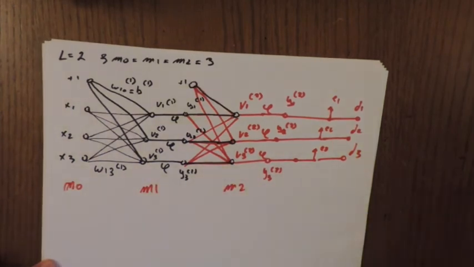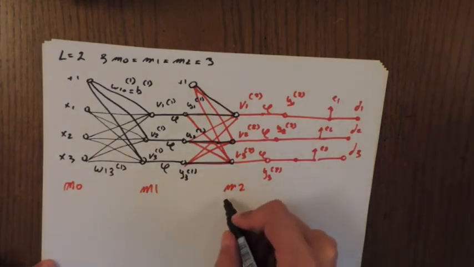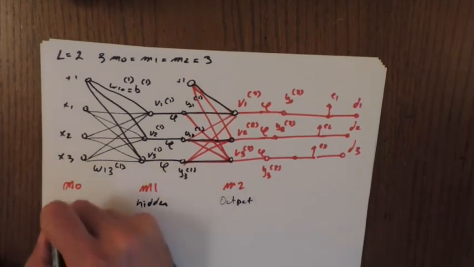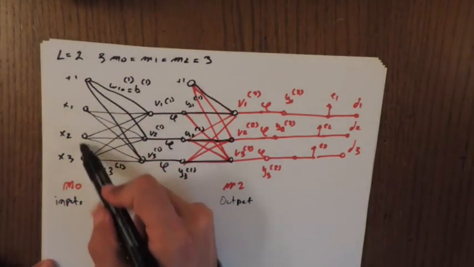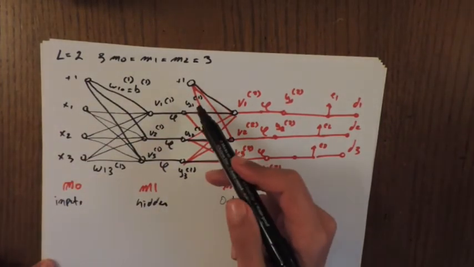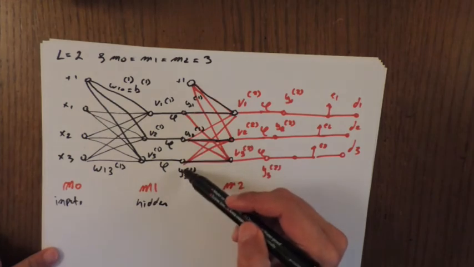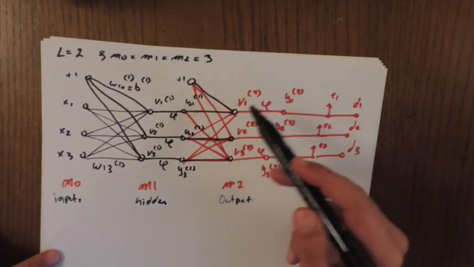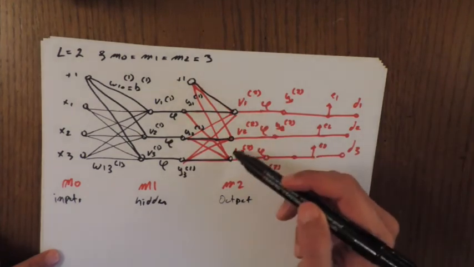So here we have the output layer, this is the output, this is the hidden, and this is the number of inputs. So at M0 we have 3 inputs and we add a bias. For the hidden layer also we have 3 neurons and we add a bias, and these are the output neurons.